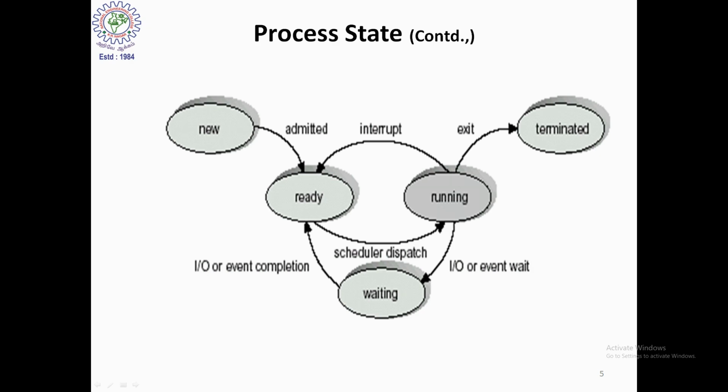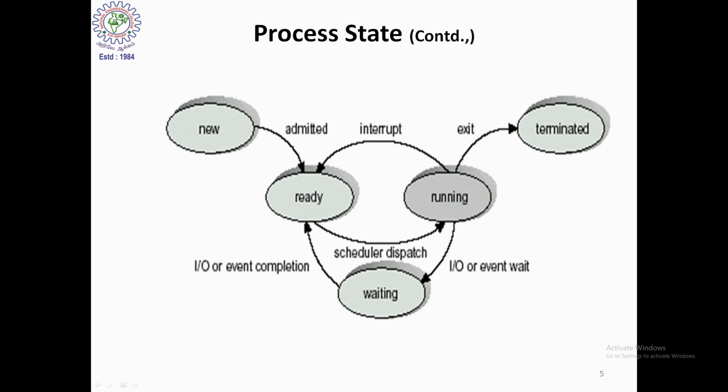And once it gets the processor, it will be shifted from the ready queue by the scheduler. The scheduler will dispatch the processes one by one from the ready queue to the processor, and it will convert its state to the running state and start its execution.